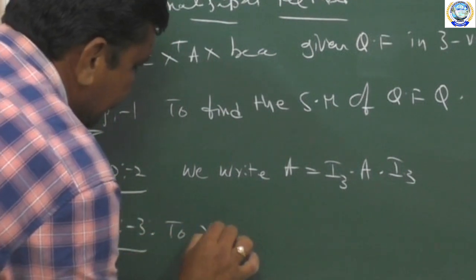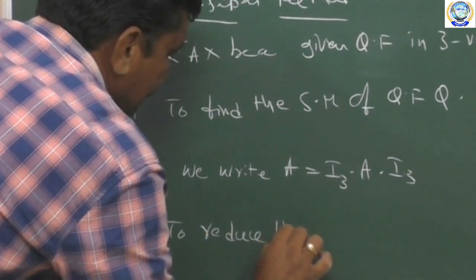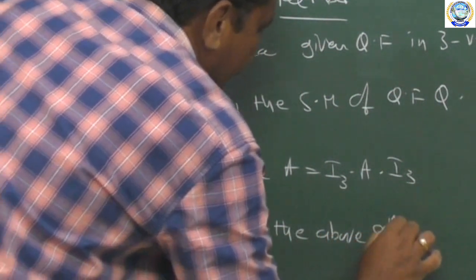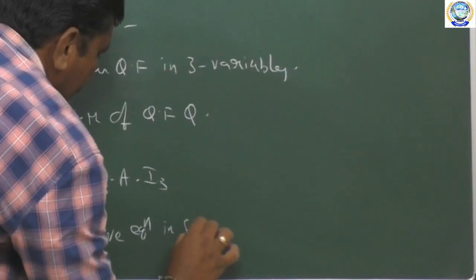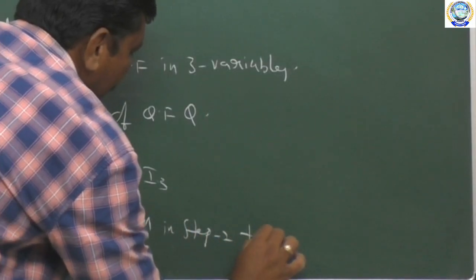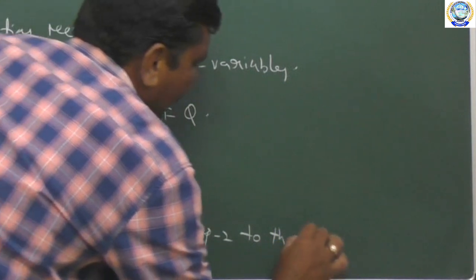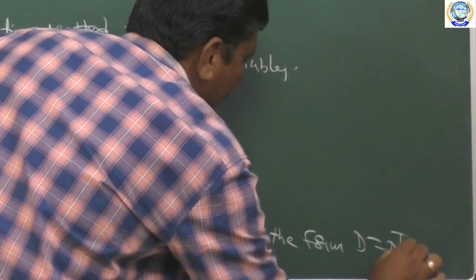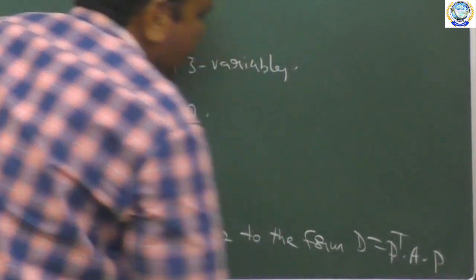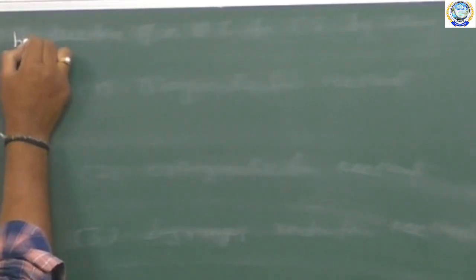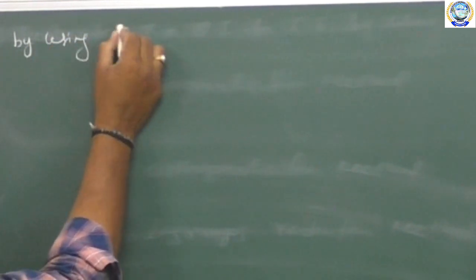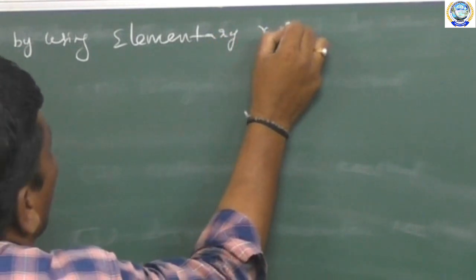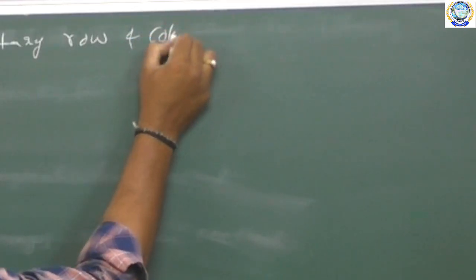To reduce the above equation in step 2 to the form of D is equal to P transpose AP by using elementary row and column operations.